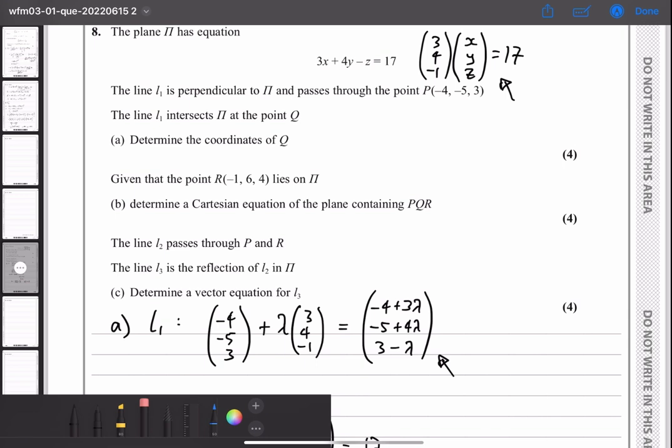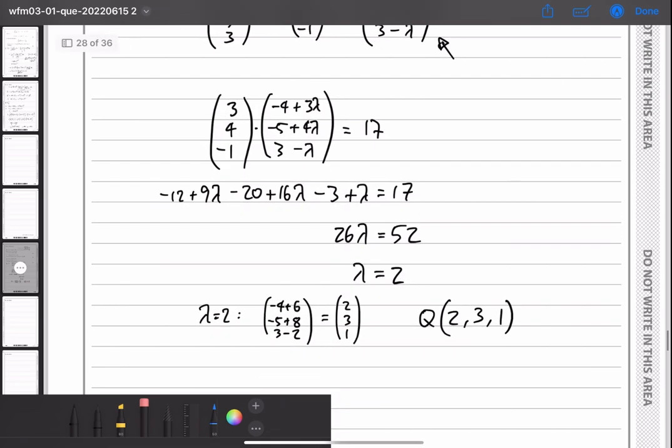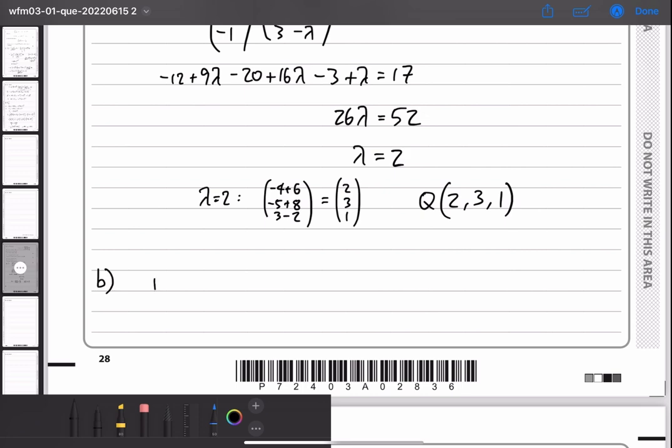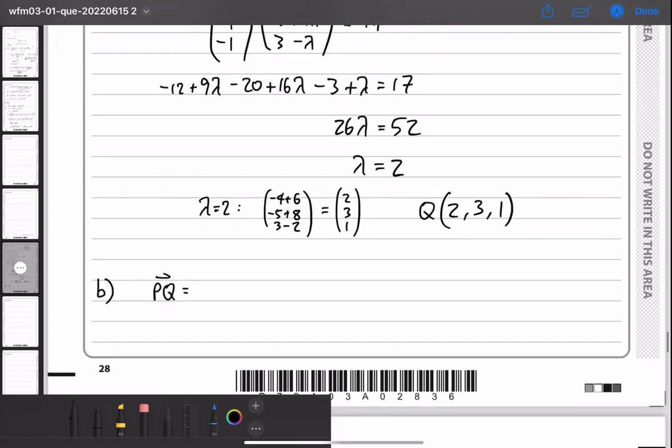I can make a little bit less work for myself here, because we already know from P to Q. We've used that already. The direction vector there is (3, 4, minus 1). So from P to Q, that is (3, 4, minus 1).